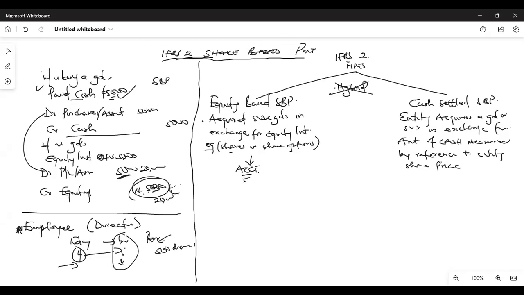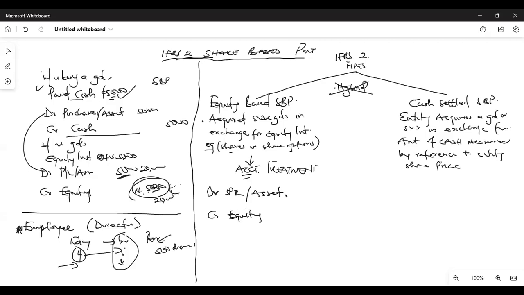So over here, the accounting treatment will just be to debit the P&L with the expense. If it is an asset, you debit the asset, that is, if you use the share base to buy an asset. Then the credit is equity. But the equity we are talking about is not stated capital, because stated capital comes in when people invest money.